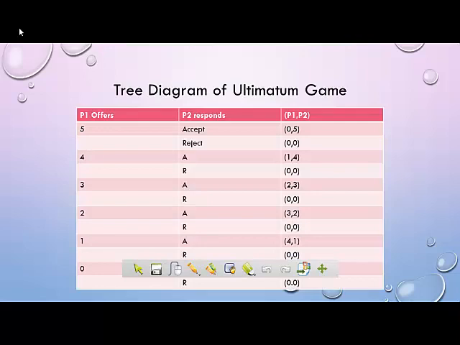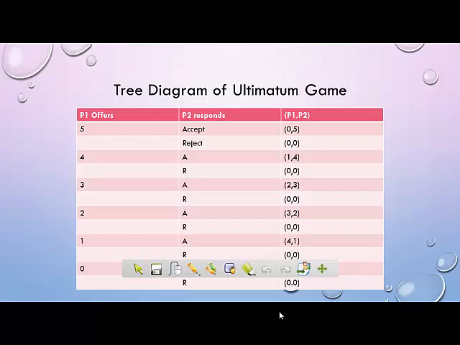So I made a tree diagram as best I could. So here we have a situation where let's say 500 rupees is to be shared in an ultimatum game. So P1 has 6 possible moves, which is to offer 0, 1, 2, 3, 4 or 5.